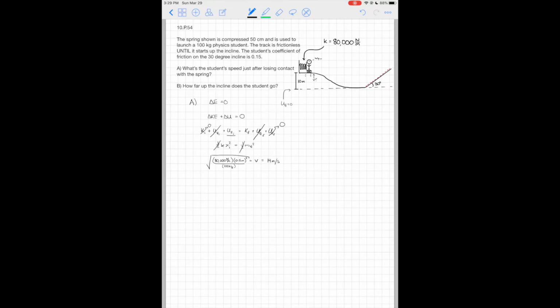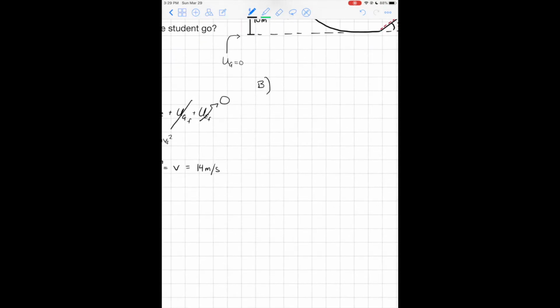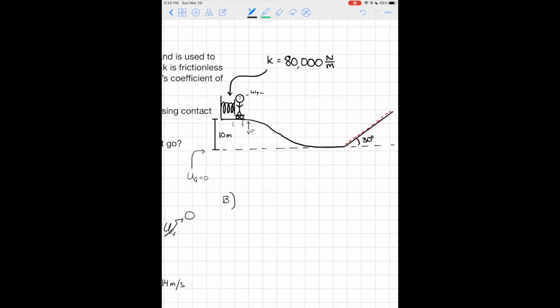For part B, I'm asking, how far up the incline does the student go? And specifically, I actually want to know this distance. I want to know what this delta x is.